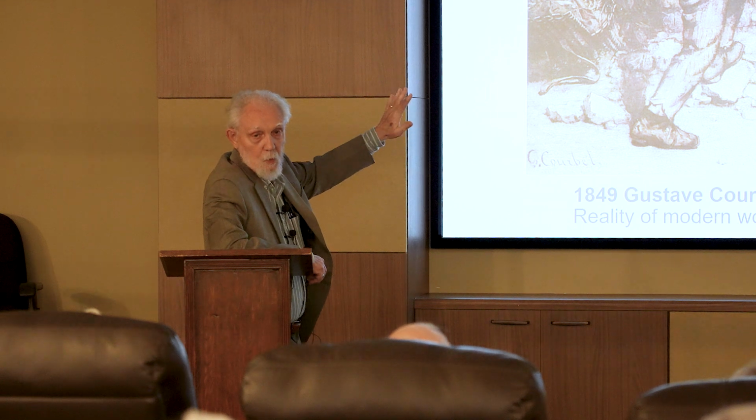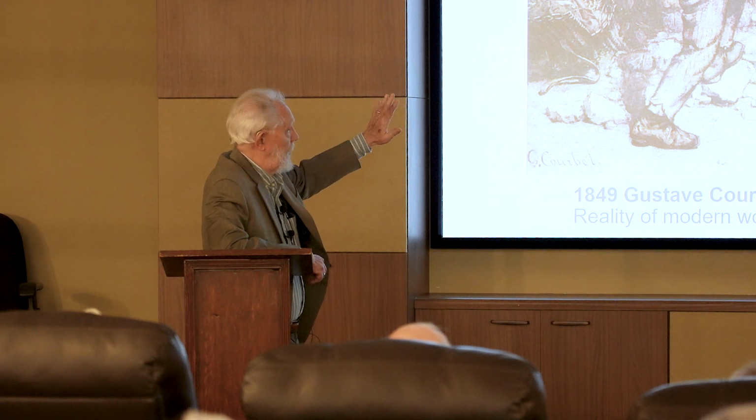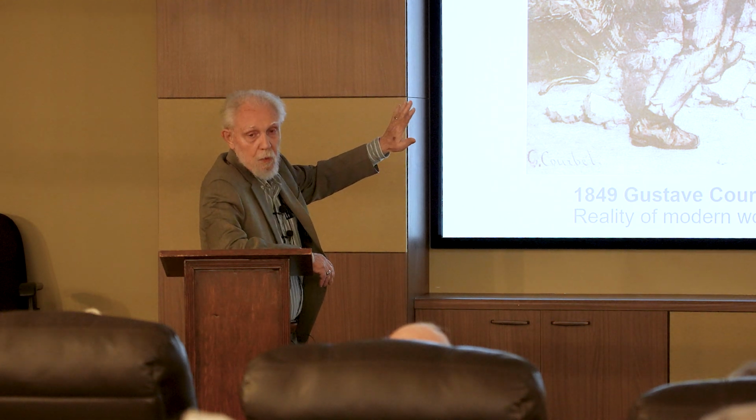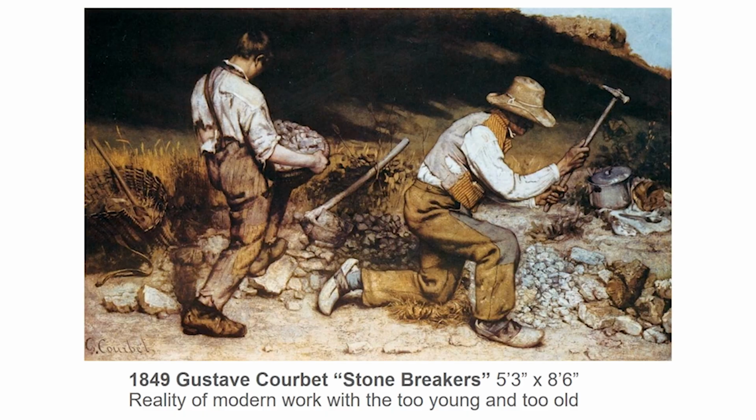And the modern world is full of mind-numbing, dumb work. And Courbet was politically a socialist. And he wanted the world to see what it was creating when it moved towards an industrial format.